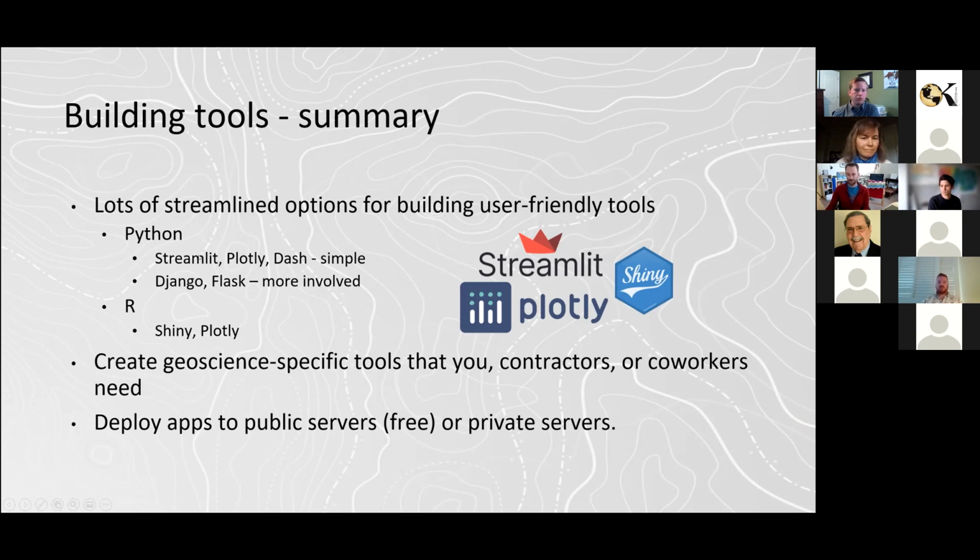And these are really great for just making specific tools that you, the people that are contracting you, or your coworkers need. And I think that's an incredible way that you can really start to add value through geologic computing. All of these packages have public servers that you can deploy apps to for free, but they're public. But you can also deploy them really quickly to private servers.